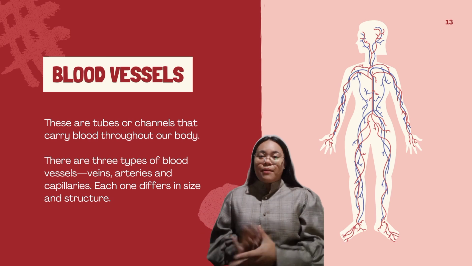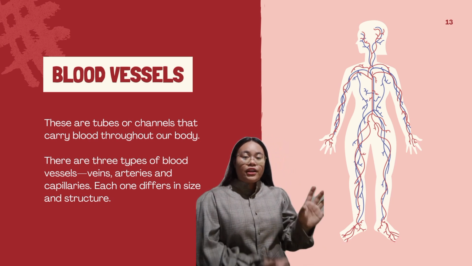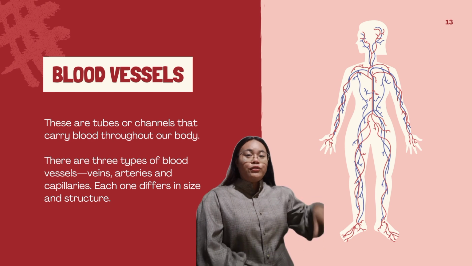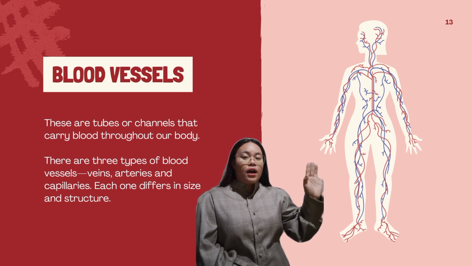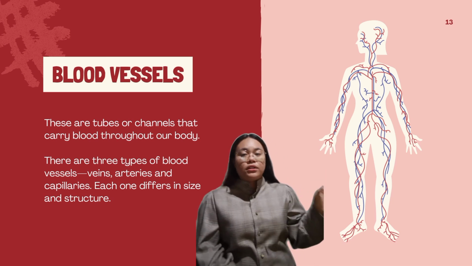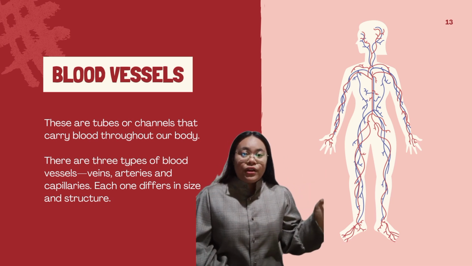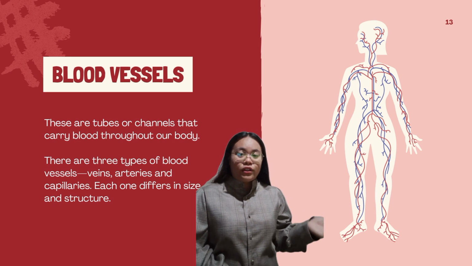The next topic is the blood vessel. In the diagram of a body, you can see lines, which we call the blood vessels. These are tubes or channels that carry blood throughout our body.